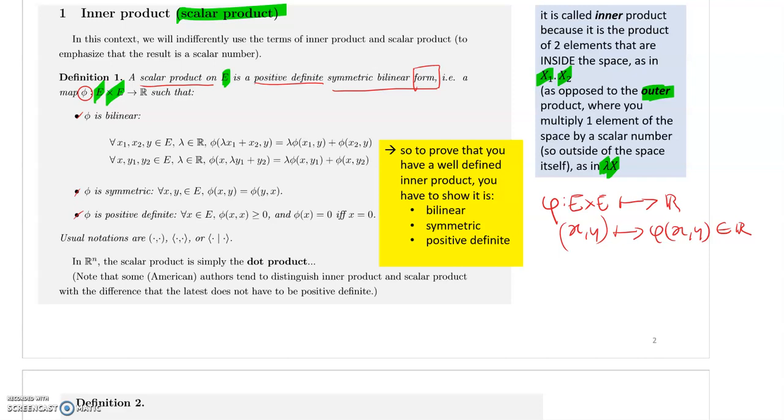It has to be bilinear. What does that mean? It means that it has to be linear in both its arguments. You know that for a map, let's call it f, f is linear if f of lambda x plus y is equal to lambda f of x plus f of y.